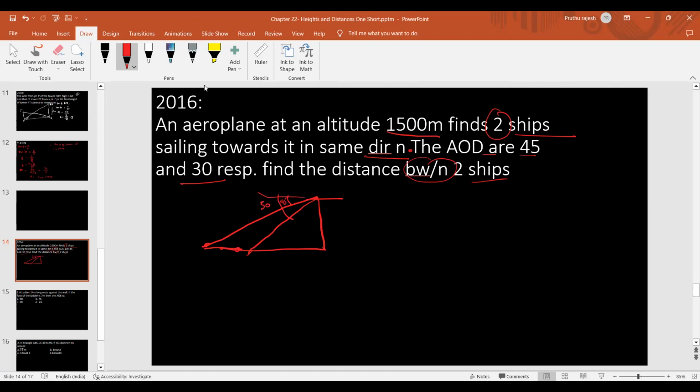And we have to figure out the distance between two ships. All the while now we were solving problems on height, but we never solved problems on distance. So this one is based on distance. Teach you this, then after some numericals there will be a bonus board question for you guys to solve.